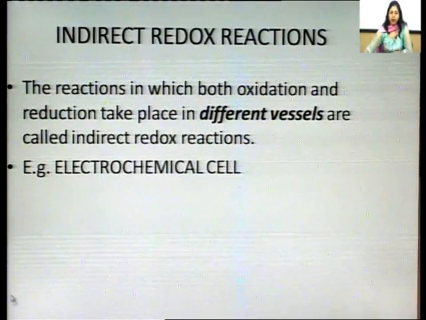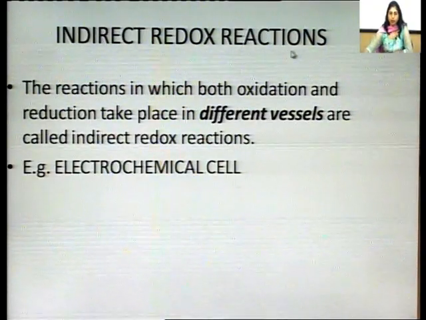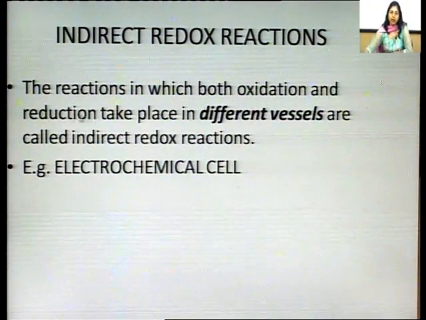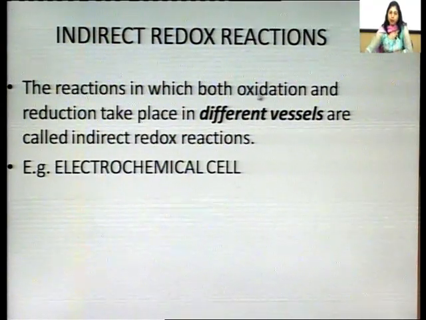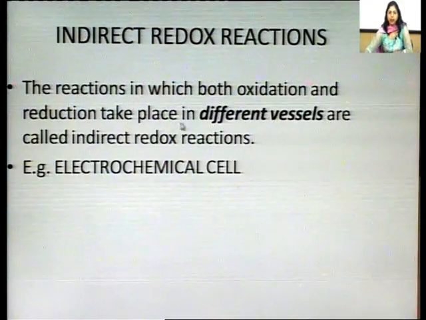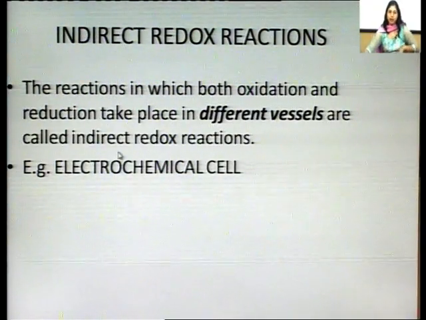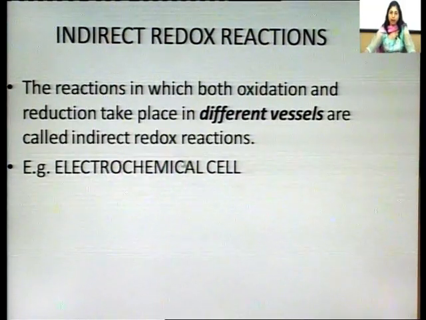Next, let us study indirect redox reactions. The reactions in which both oxidation and reduction take place in different vessels are called indirect redox reactions.